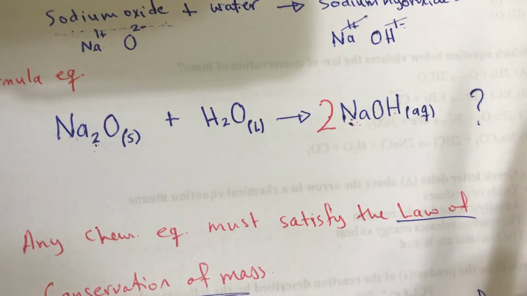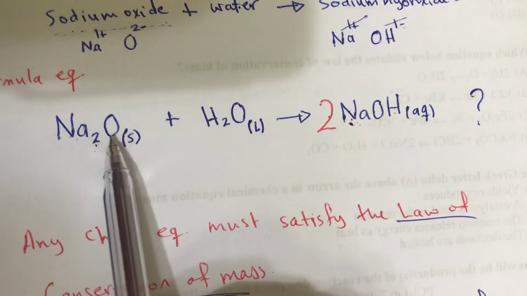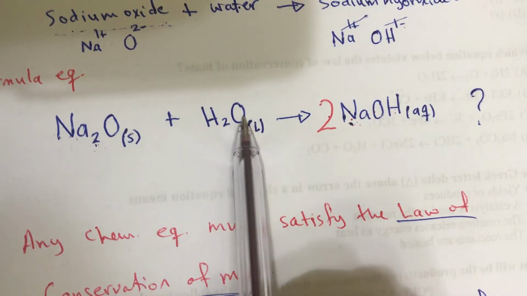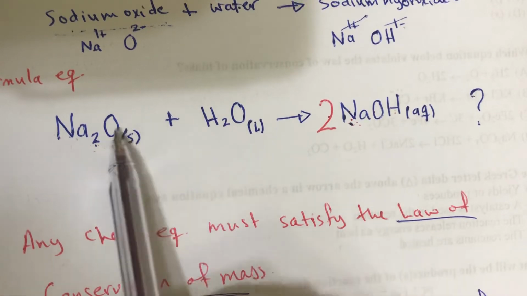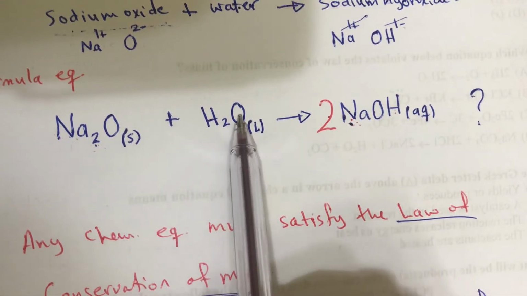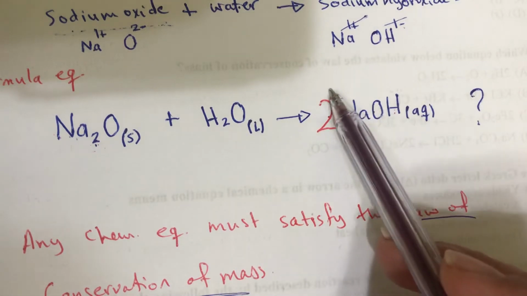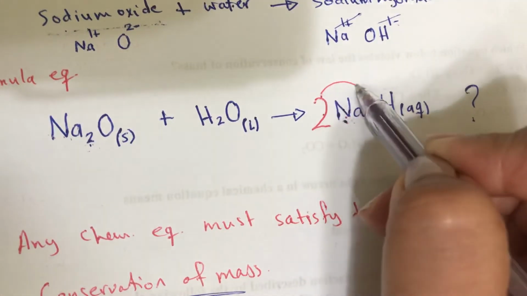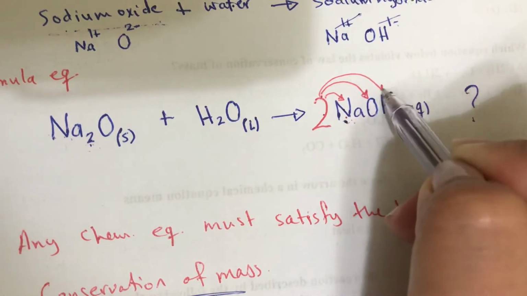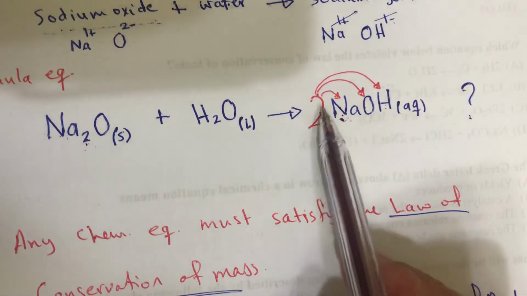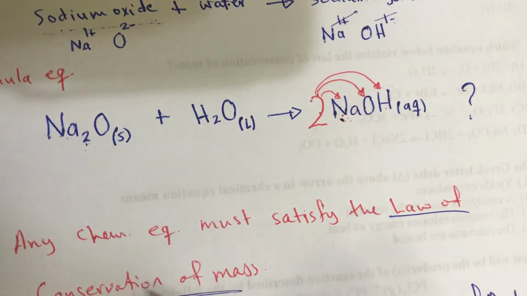What about oxygen? Here in the first reactant, you have 1 oxygen atom, and in the second one, 1 oxygen atom. So the total number of oxygen atoms in the reactant are 2. So here you have 2 oxygen atoms. Again, this coefficient is for each element in the compound.